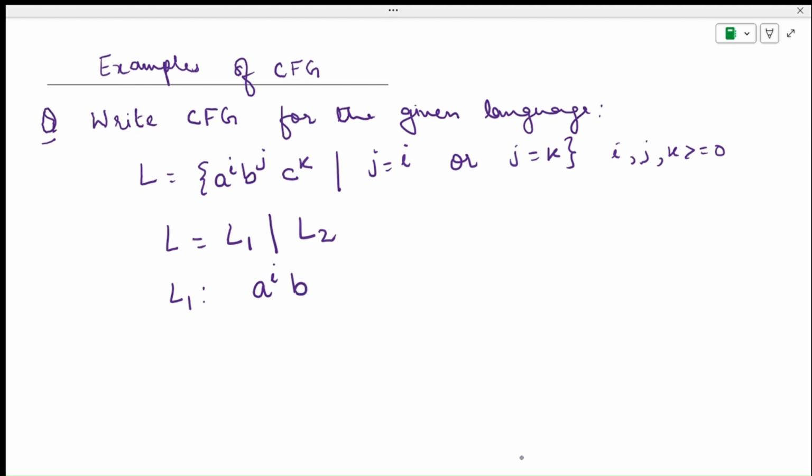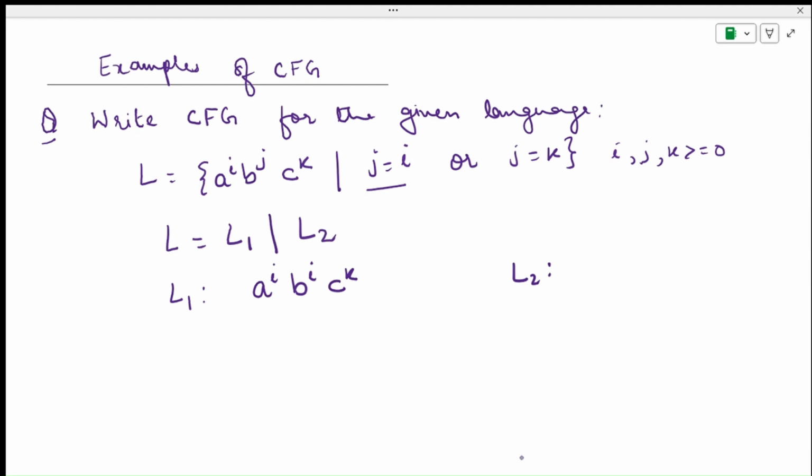That is, I can write this as a^i b^i, and C is independent in this case. And the other language, L2, is where the number of B's is equal to the number of C's, that is j is equal to k.